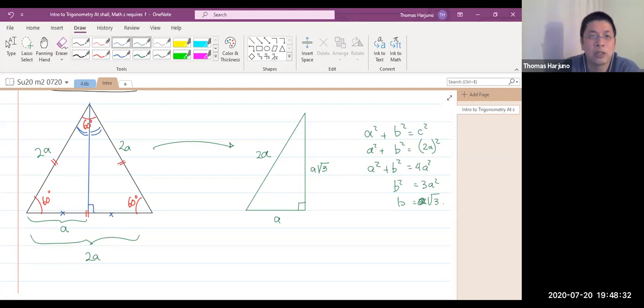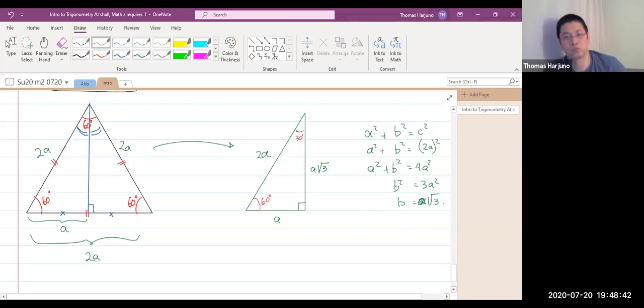Now notice that this angle here is still 60 degrees, and this angle here is 30 degrees. If I set my A to be 1, then the hypotenuse will be 2, and the other leg will be just radical 3.